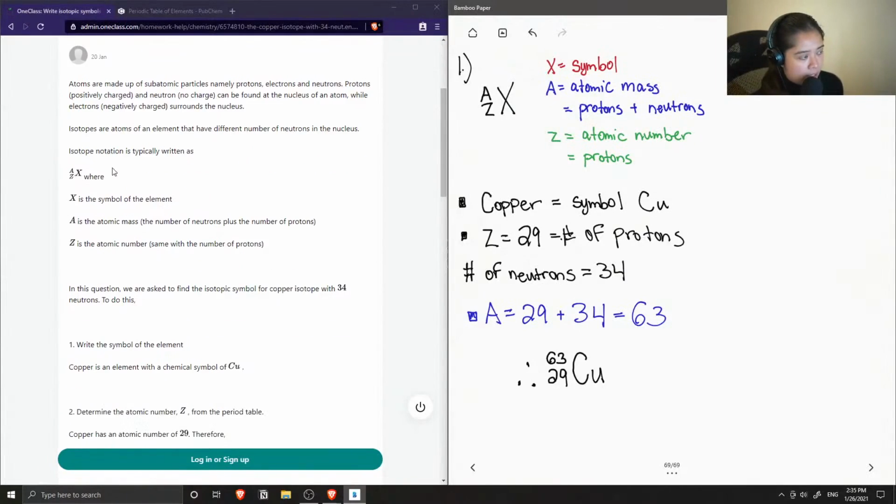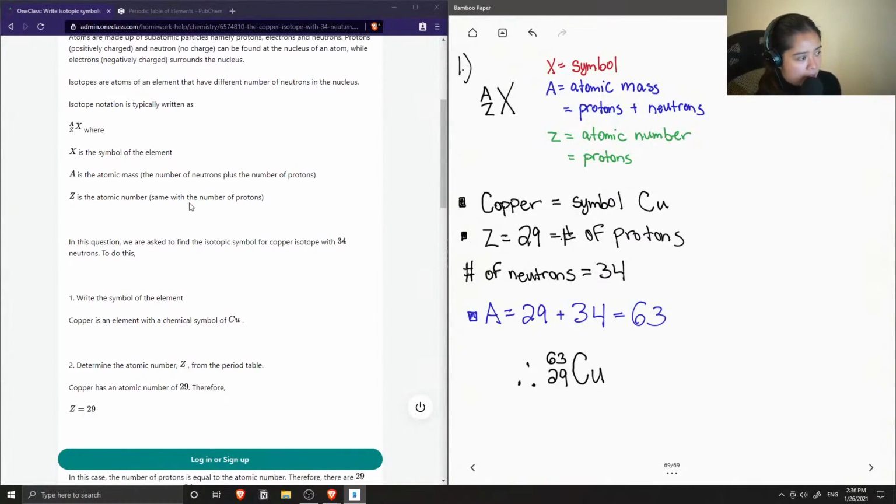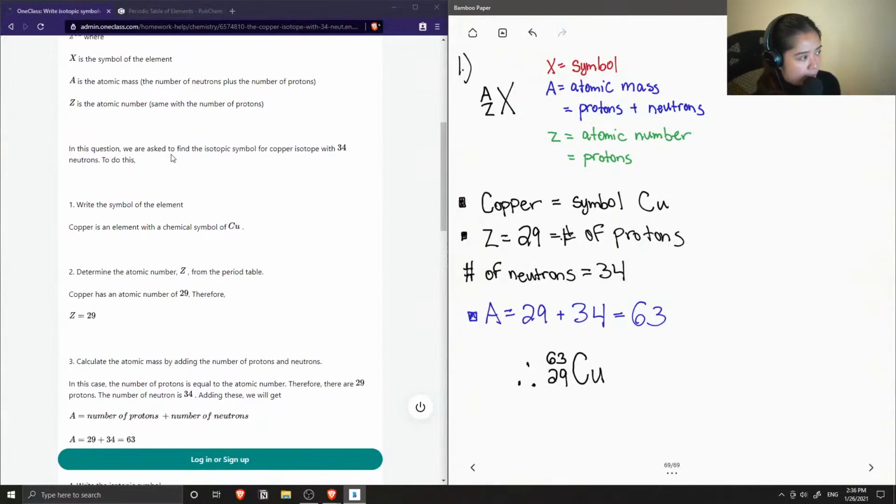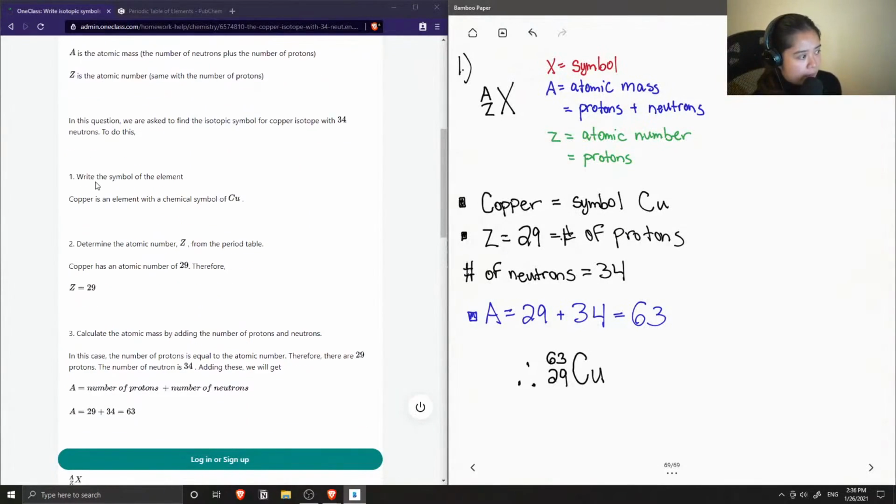Isotope notation is typically written as A Z X, where X is the symbol of the element, A is the atomic mass, which is the number of neutrons plus the number of protons, and Z is the atomic number, same as the number of protons. In this question, we are asked to find the isotopic symbol for copper with 34 neutrons.